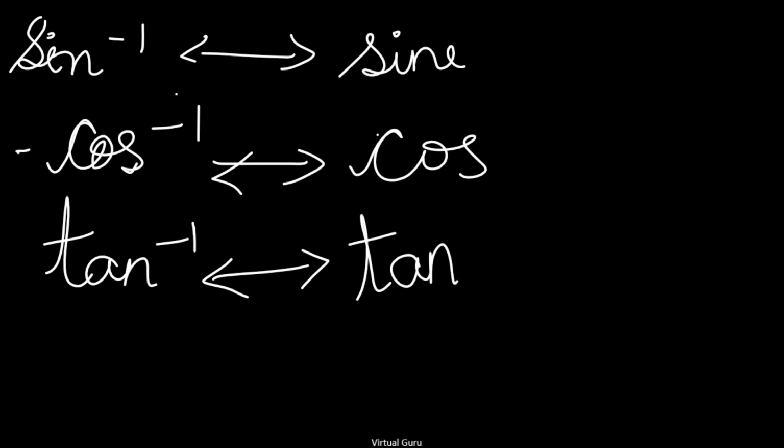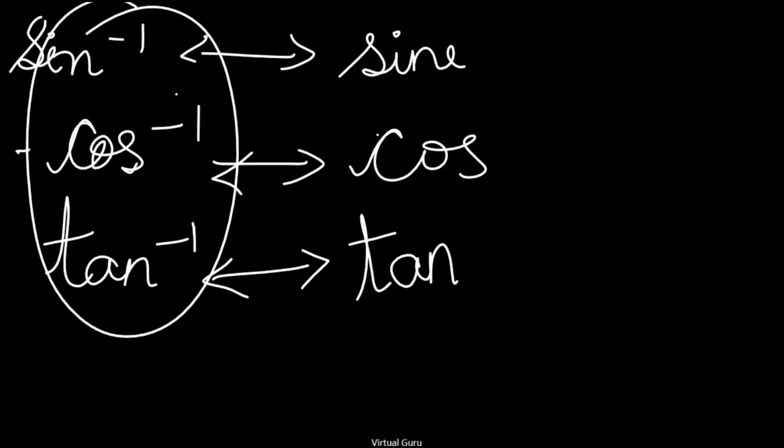This is how we do inverse operations. So why am I explaining all this? If you know a trig ratio but you do not know the angle, you can use the corresponding inverse trigonometric functions to find the angle. This is as simple as that.